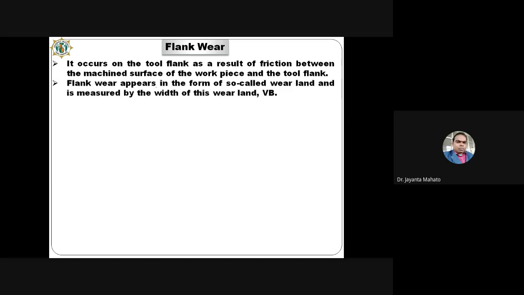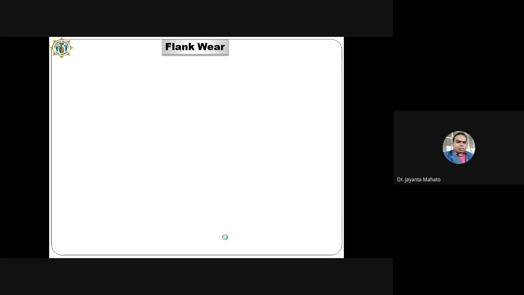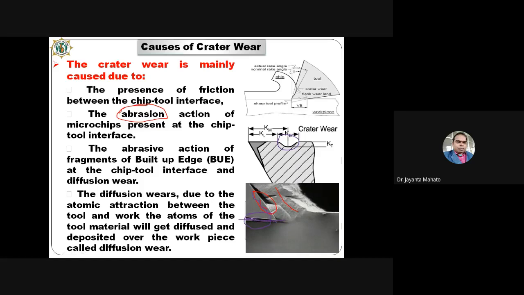This flank wear appears in the form of a so-called wear land and is measured by the width of this wear land. The width of this wear land means how much length is worn out on this surface.